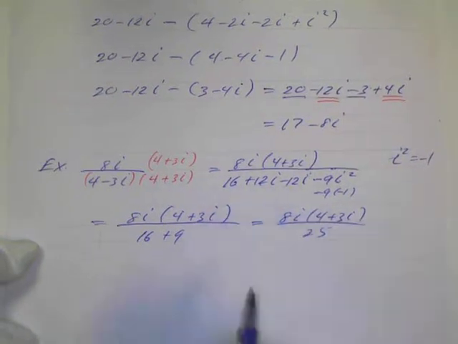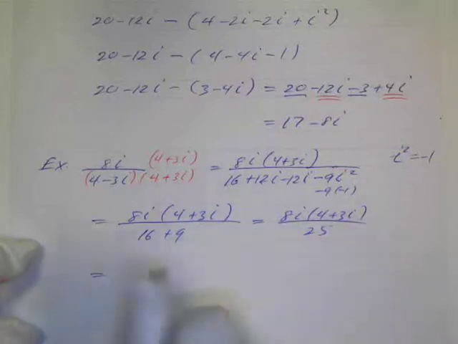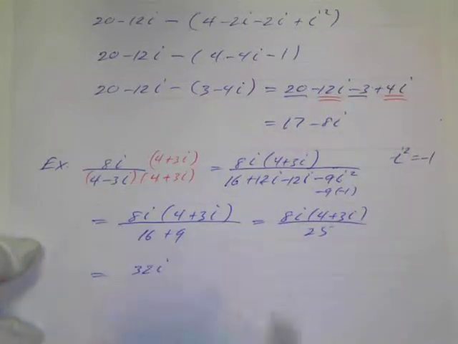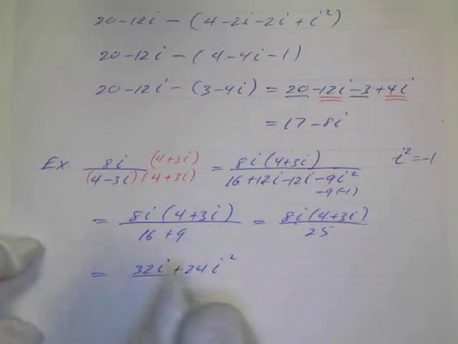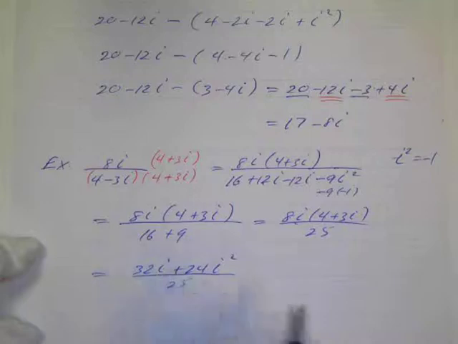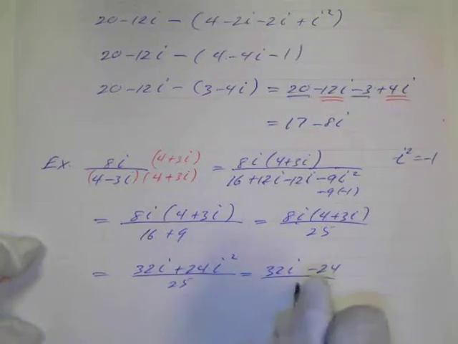Now we can multiply out the top because we want to get this in standard form. So I'm going to have 8 times 4 is 32i. And then 8 times 3 is 24. But i times i is i squared. There's our -1 again, all over 25. So this is going to be the same thing as 32i. And this is -1, so just -24, all over 25.